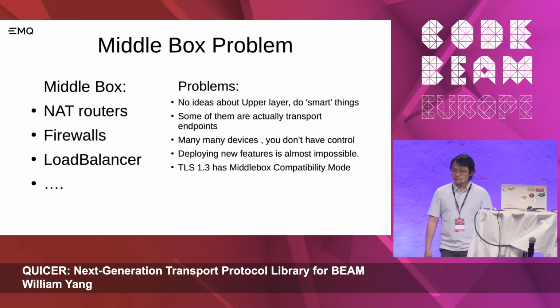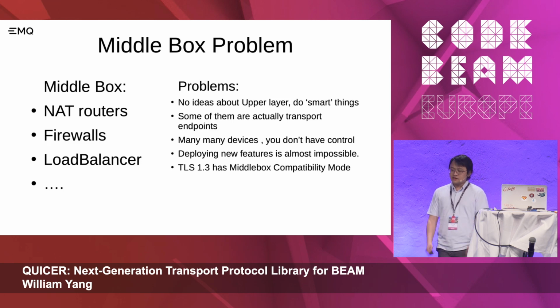The problem of middleboxes is that they have no idea about the upper layer, but they try to do some smart things. They try to guess what it is and try to block or do some weird stuff. And some of them are actually transport endpoints. So when you think you are talking to the server directly, but actually you are talking to the load balancer, and there are two endpoints.